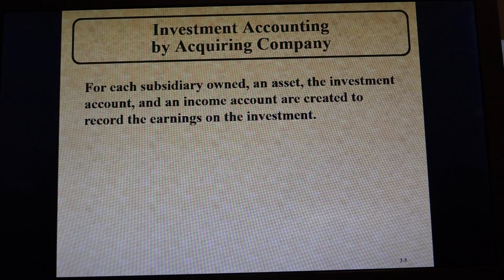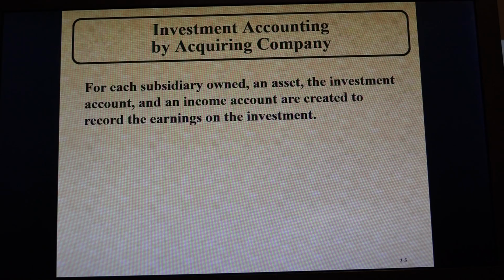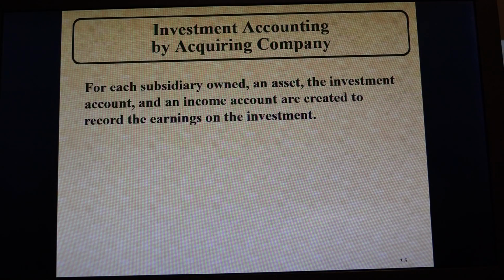Okay, so you've got your investment account, that's your asset, and then you've got an income account, your earnings on that investment in the sub.